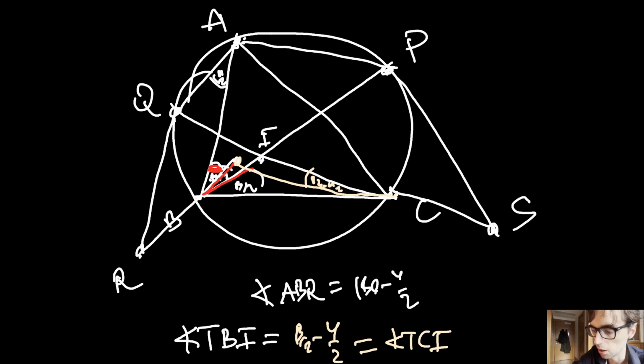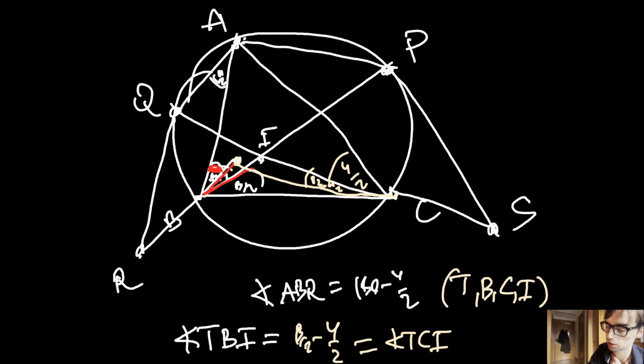And so now, what can we do with this? What are we actually going to be doing with this problem? This means that T, B, C, and I are concyclic. Now, isn't that interesting? So there's a circle that goes around here.